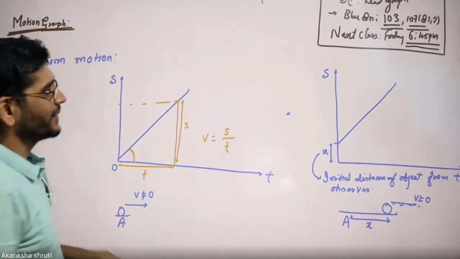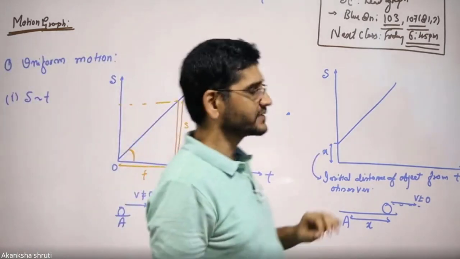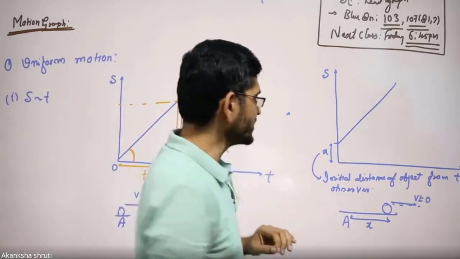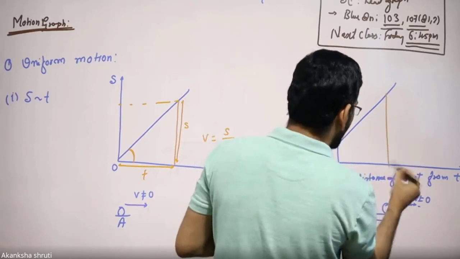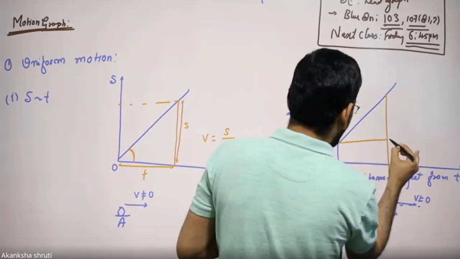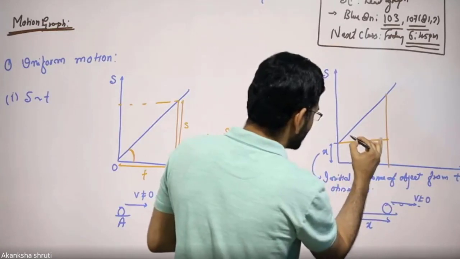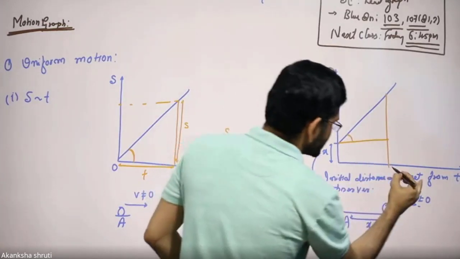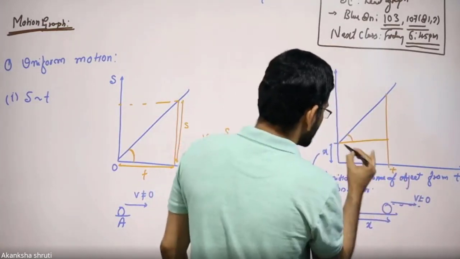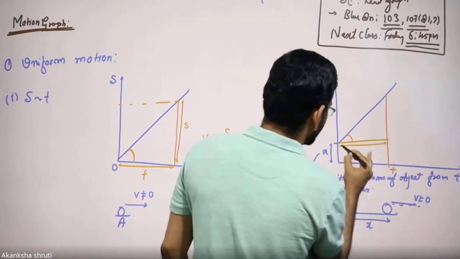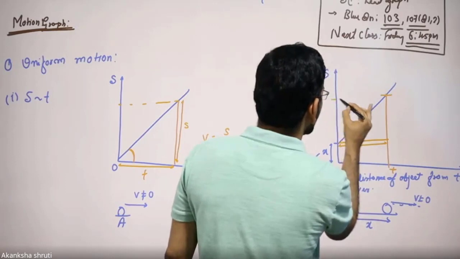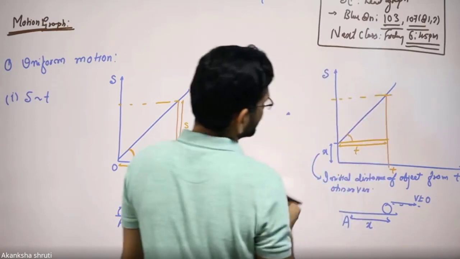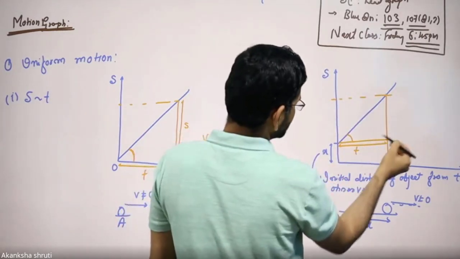But if the graph is like this, then we want to calculate the velocity. Keep in mind, I am considering up to this much point. Then from this point we have to make the angle. This is the time t, so this much length is our time t on the time axis. But here, keep in mind, this is the distance s.